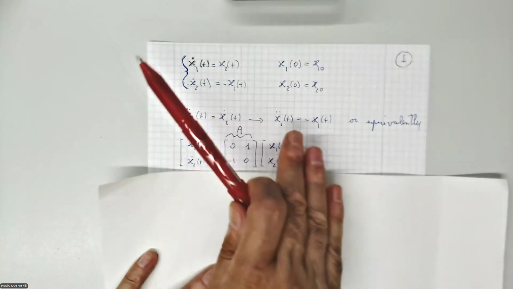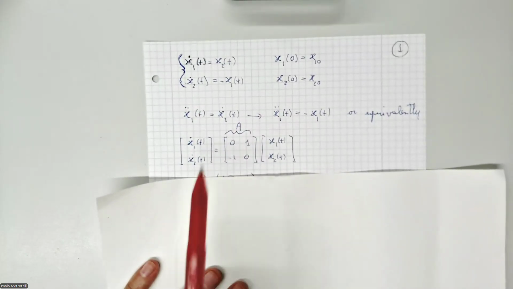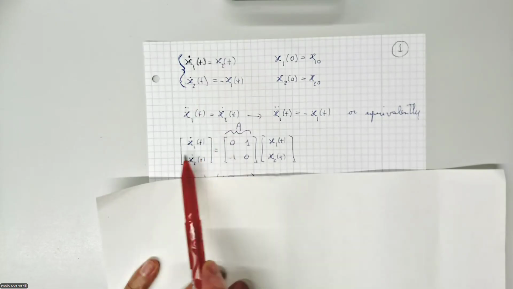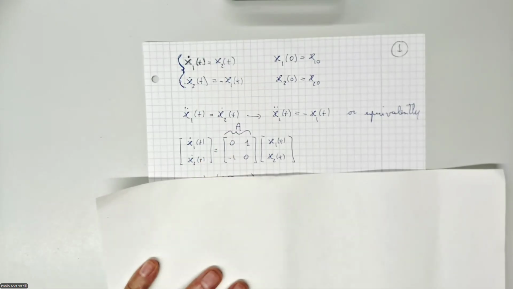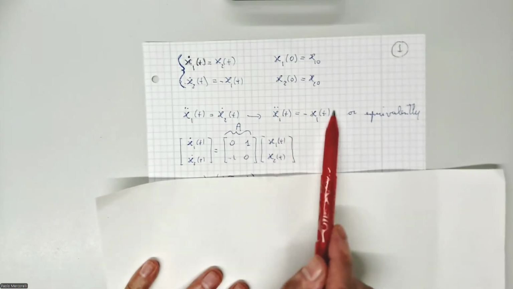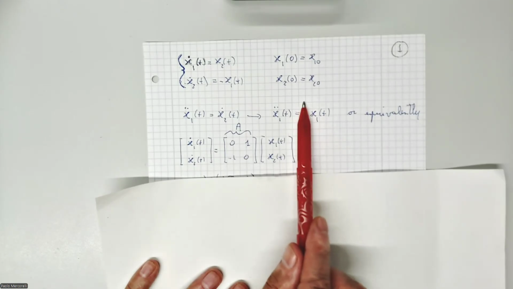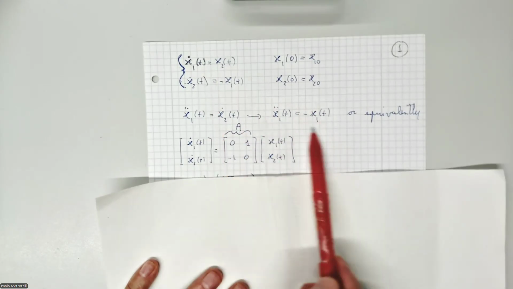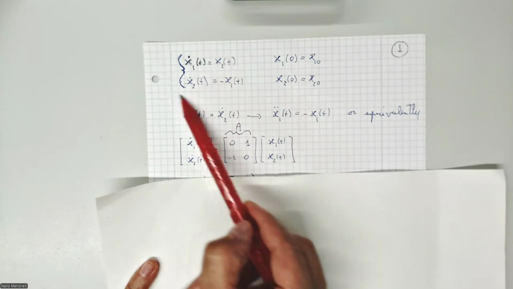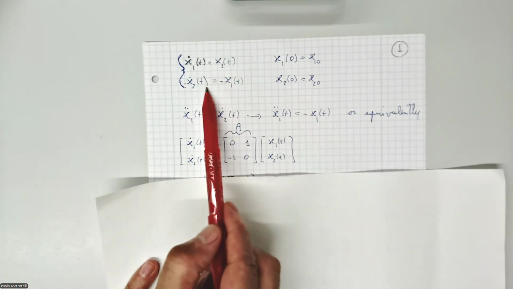Or equivalently, you remember the idea to write everything in the form of matrix and vector. Again, here we have a system of second order, which reflects the dynamics of x1, starting from this coupled dynamics of x1 and x2.